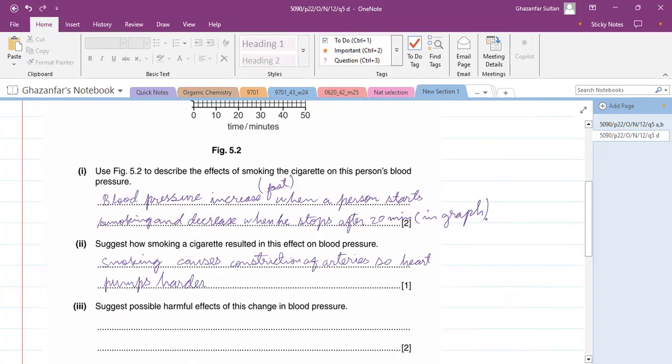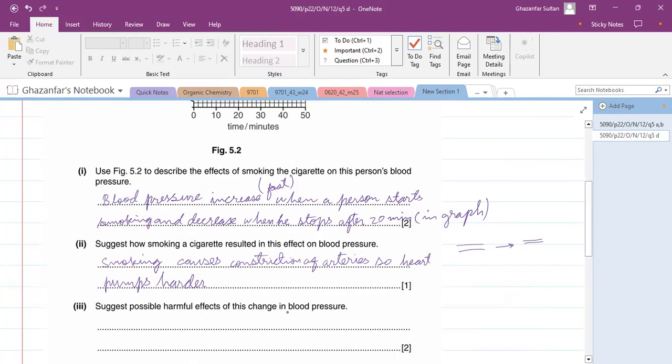Definitely, if it was the normal diameter of the artery and due to the smoking the diameter of the artery becomes thin, the lumen becomes narrower. So definitely it is difficult to pass blood through these arteries. So the heart has to pump harder to maintain the blood supply all over the body.